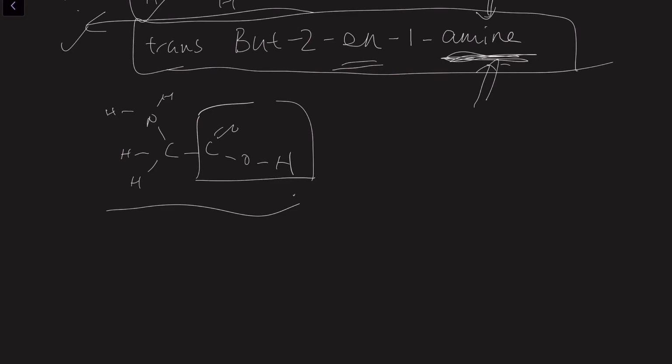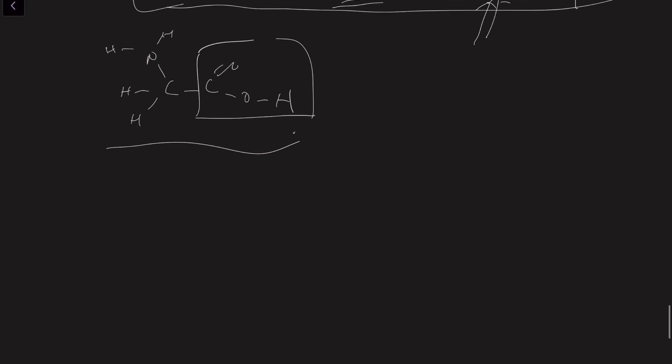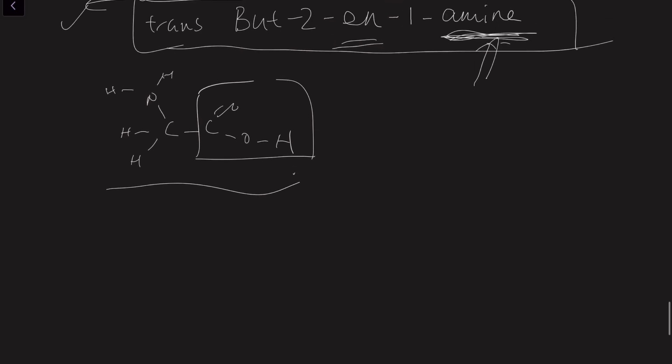So the suffix for this functional group is amine. The prefix of this functional group is called amino. So it's called aminoethanoic acid.